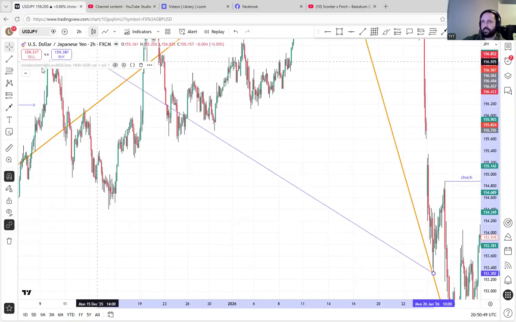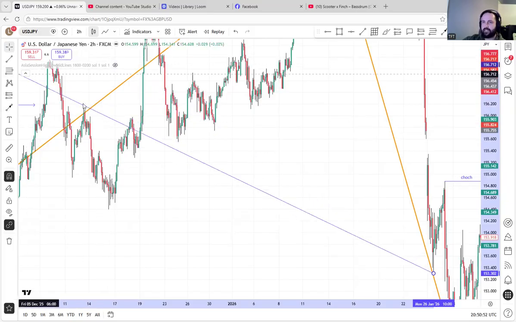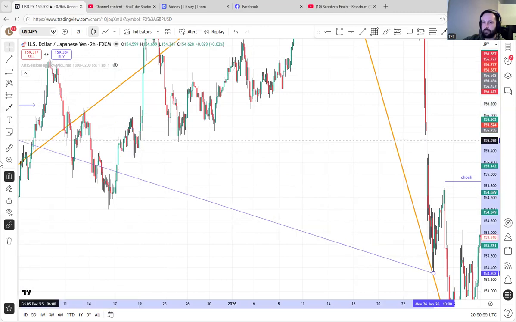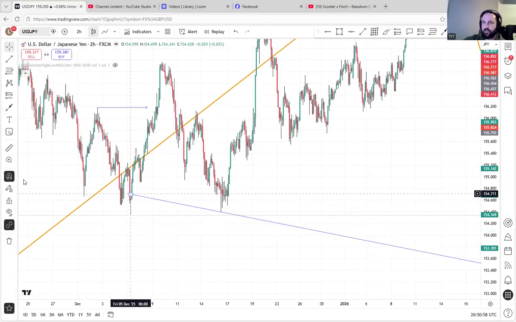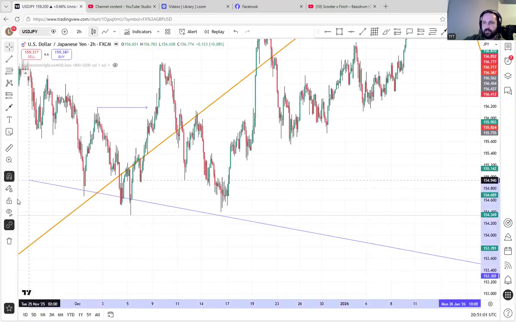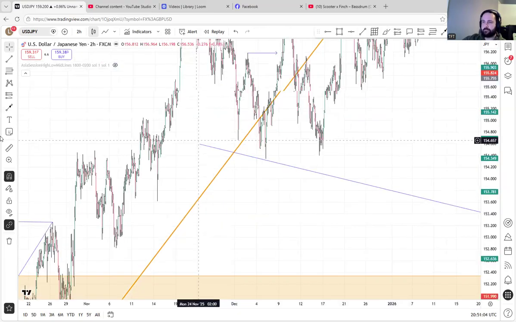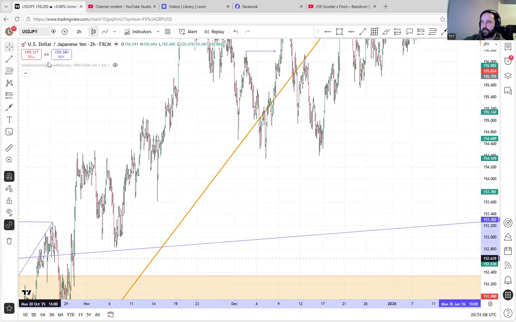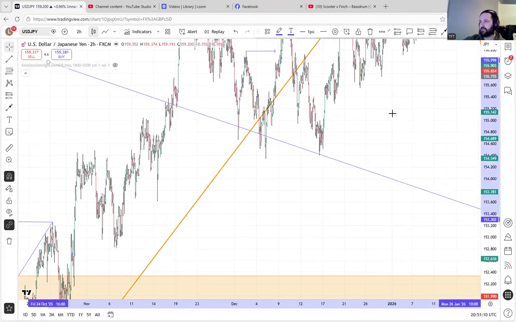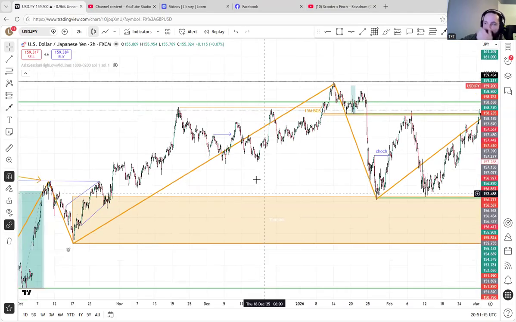Now, what I often do is I'd normally just take my line, extend it past these candles here, so I can run it past and move it, see if it actually hits two wick lows or anything like that. It appears to be not doing that. I don't think it does. Again, that doesn't mean there's no liquidity there. It just means I've not spotted anything.